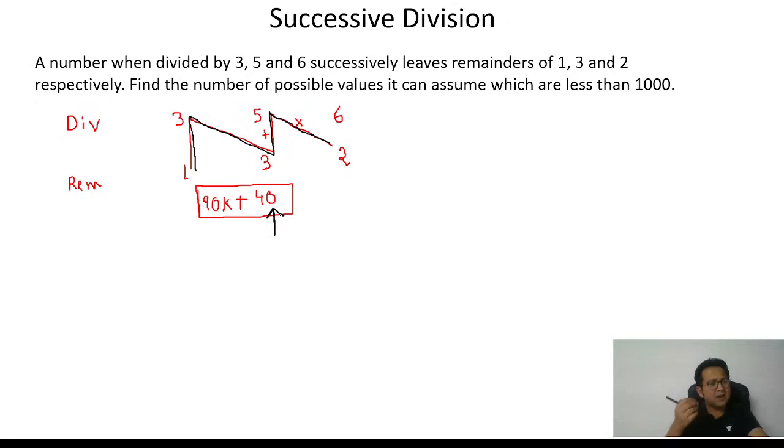The next number will be the multiplication of the first line, which is 6 into 5 into 3, which is 90k. If I ask you the first number which satisfies this condition, you put k is 0 and you get the first number 40. What is the next number? Put k is 1, 90 plus 40 is 130.